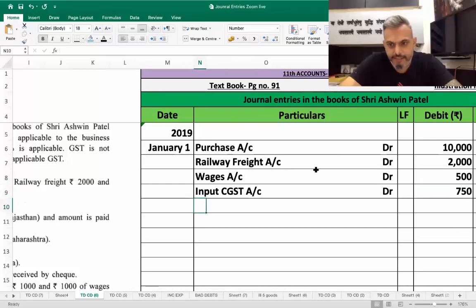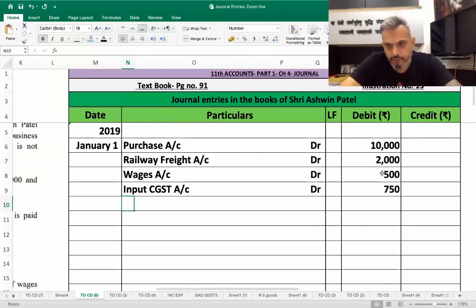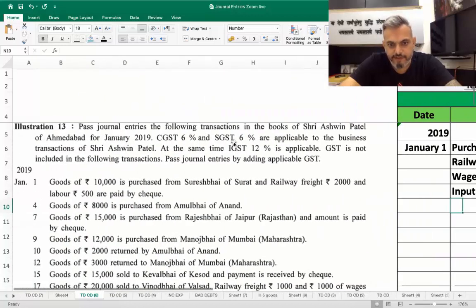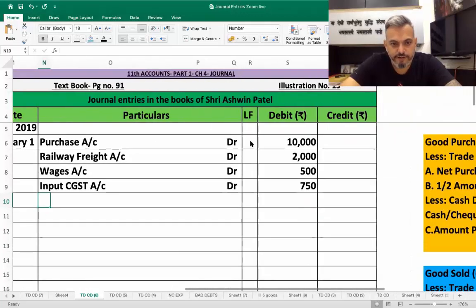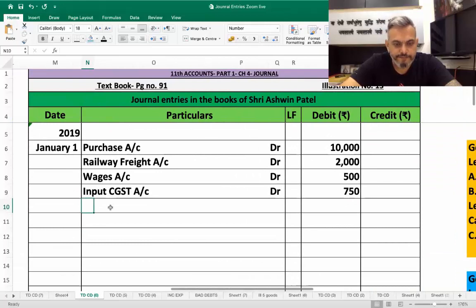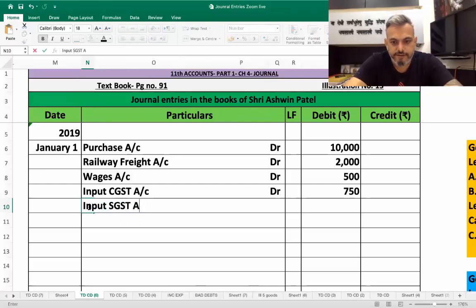Once again, 10,000 plus 2,000 plus 500 is 12,500, and the input CGST rate is 6%. You can see over here CGST 6%, SGST 6%. So 750. Again input SGST 750.